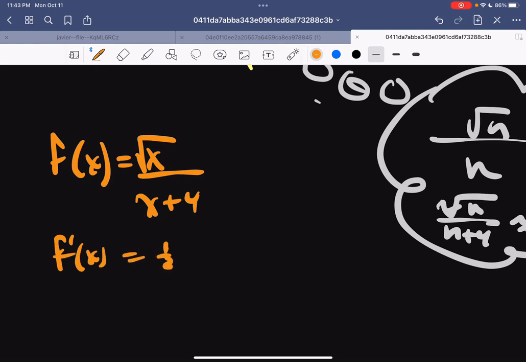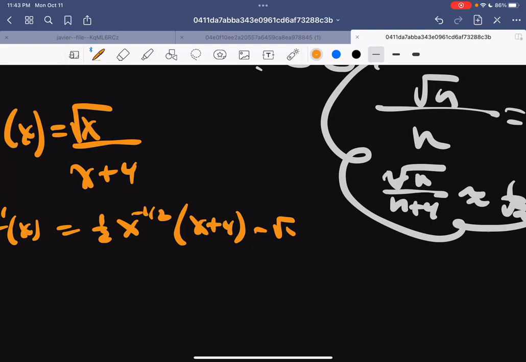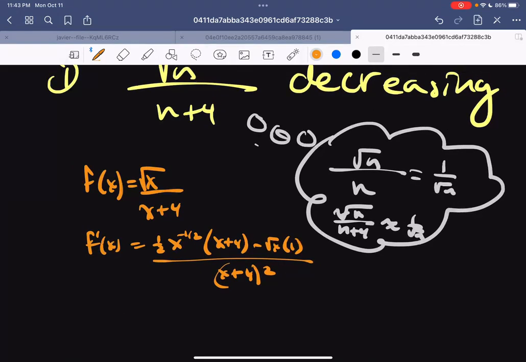This would be equal to 1/2 x to the negative 1/2 times x plus 4 minus square root of x times 1, all over x plus 4 squared. The derivative of the top times the bottom minus the top times the derivative of the bottom, all over the bottom squared.